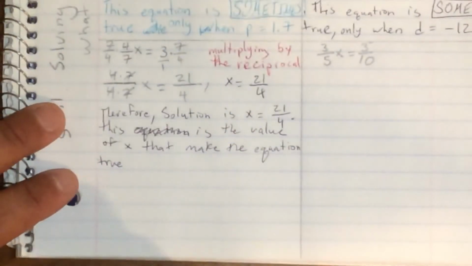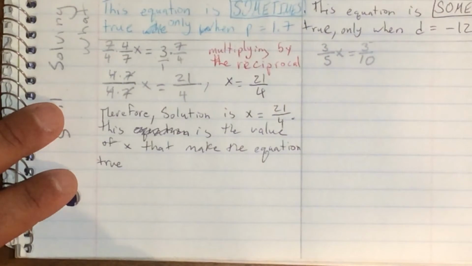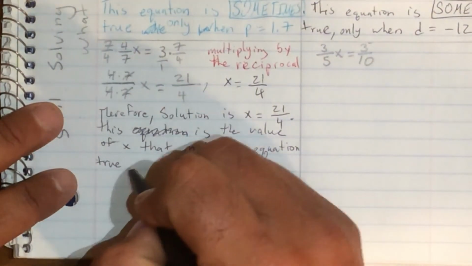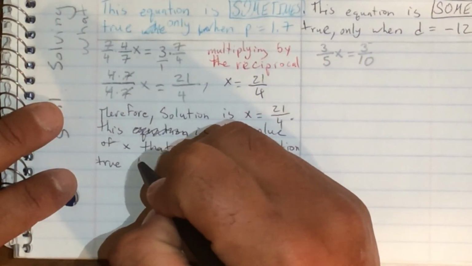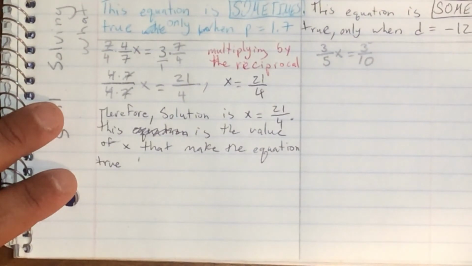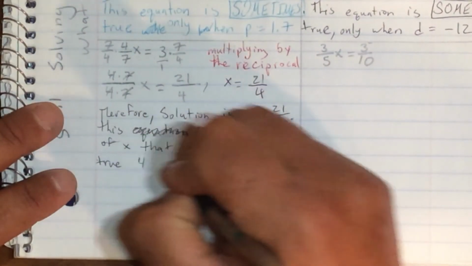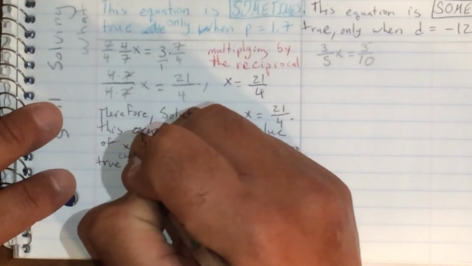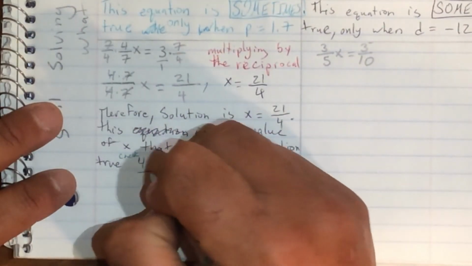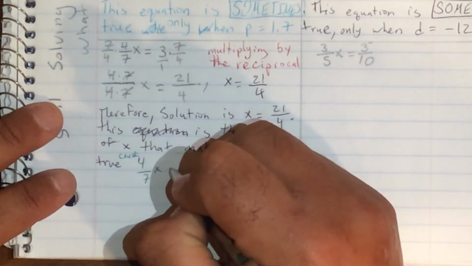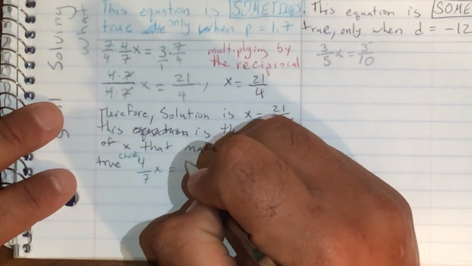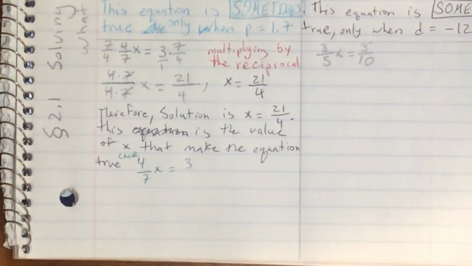Okay, and we can do our check again too. So if we have our original equation, which is, doing a different color, check. We have 4 over 7 times x is equal to 3. Was our original.